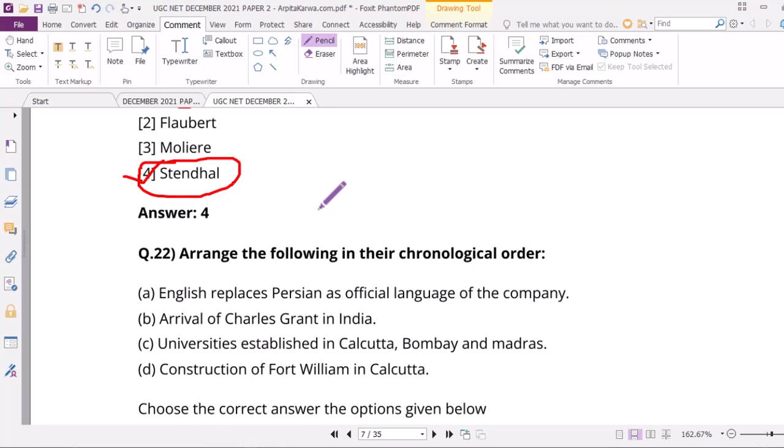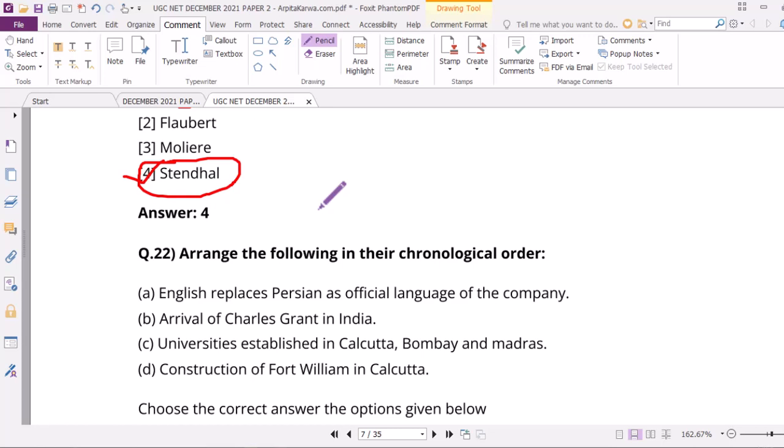This view was opposed to the view the East India Company long held, that missionaries in India would conflict with commercial interests and should therefore be prohibited. But I'm not going to go much into the history here because that will make the video very long. In 1813 Charles Grant arrived in India. Then the Persian language was replaced by English in India in 1832.